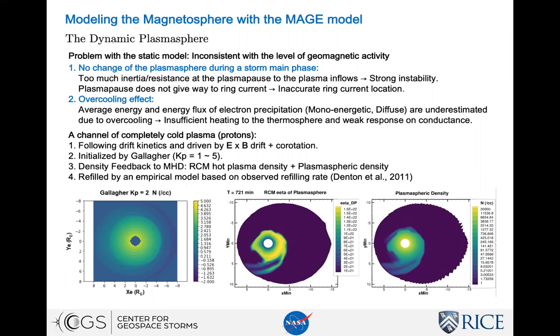So it will substantially and self-consistently feed back a cold population to Gamera without overcooling. And during a southward IMF driving, you can see the plasmasphere shrink its size. This is its initial condition, and this is after a steady southward driving. You can see it shrinks in size, and also a realistic plume is produced.